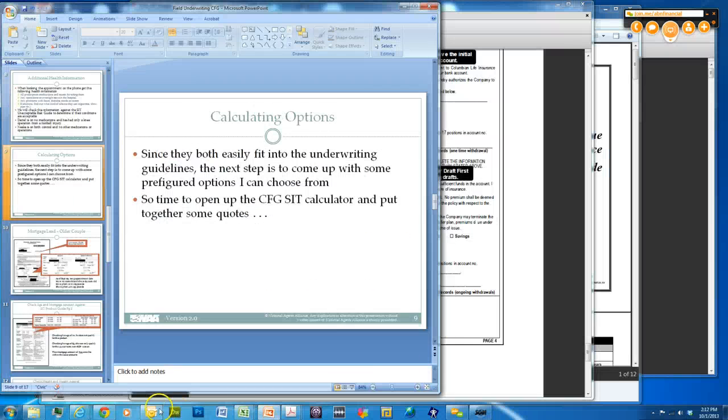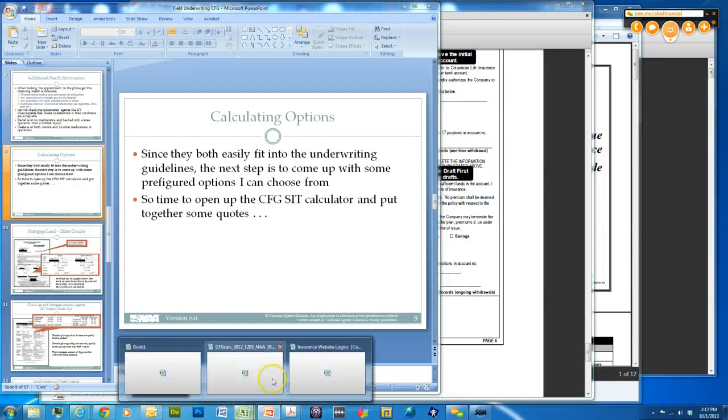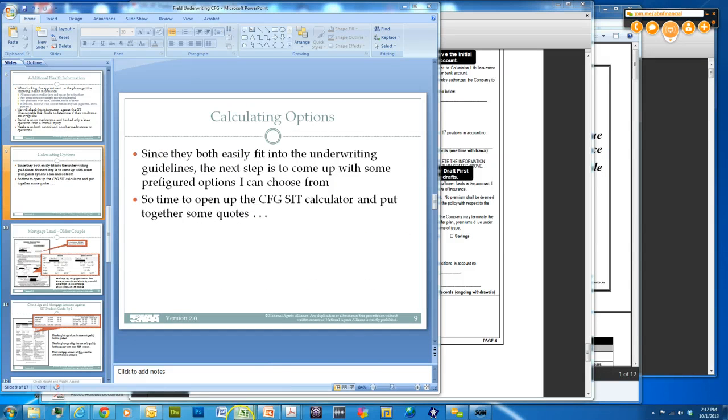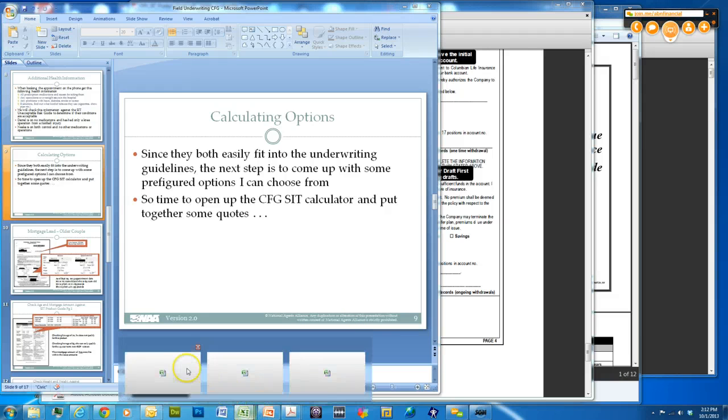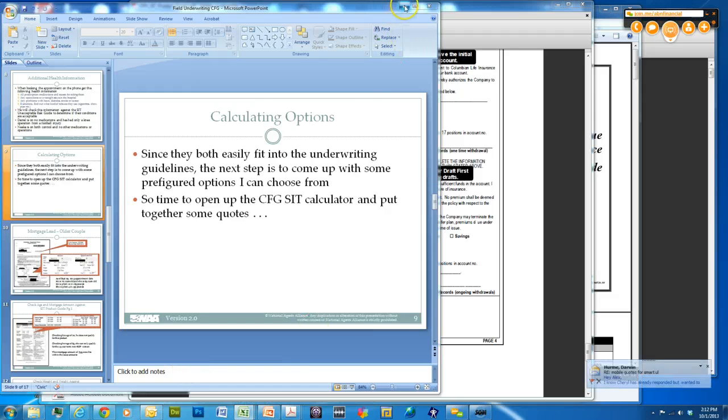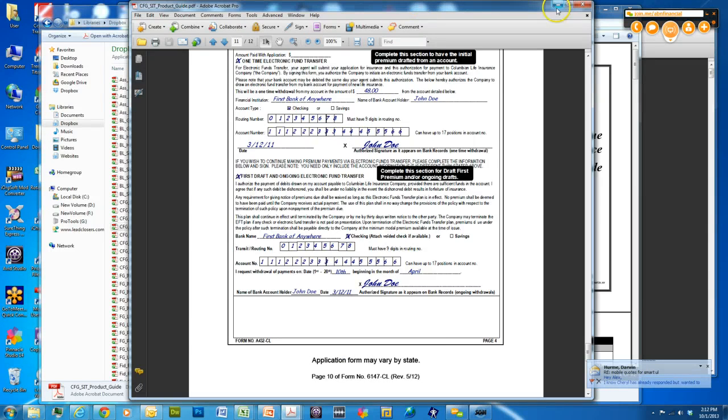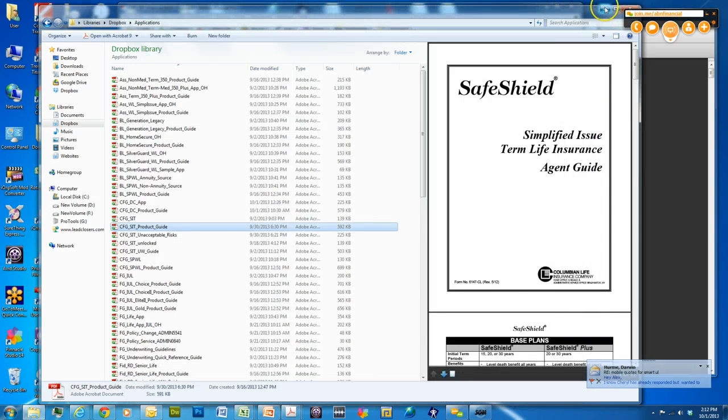Okay, and so when you pull up the CFG quote calculator, if I can do it here.